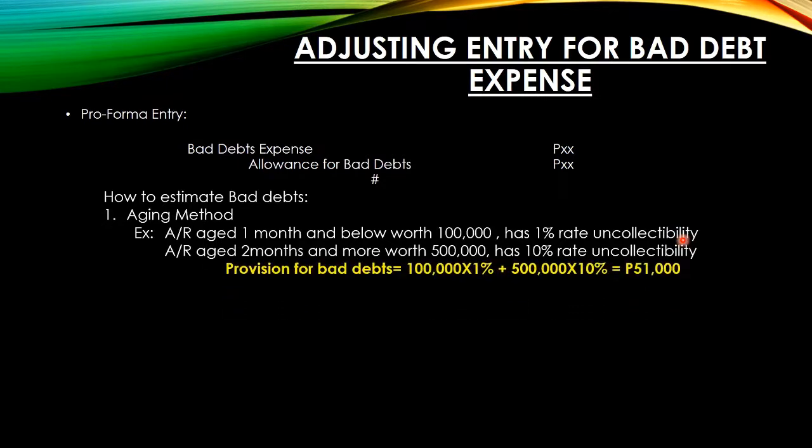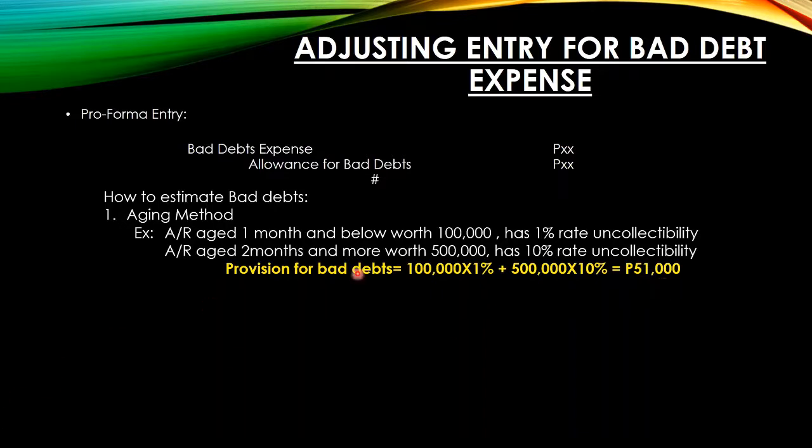That is just our provision for bad debts, 100,000 times 1% plus from the 2 months, 500,000 times 10%. Okay? So based on the given, there were only two age groups, okay? The 100,000 and the 500,000. So once you add the product of every age group, then we get 51,000 pesos.